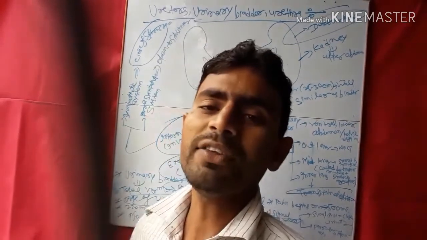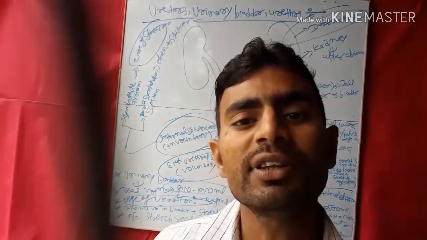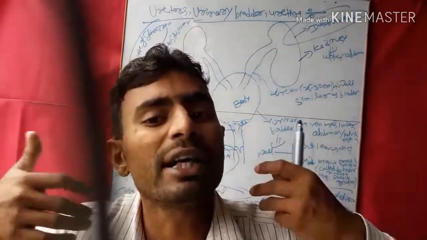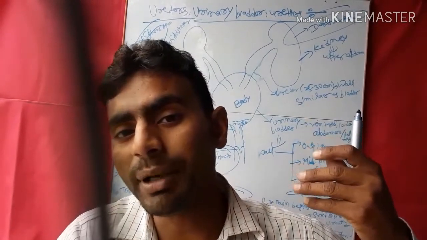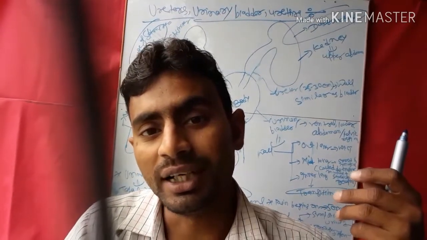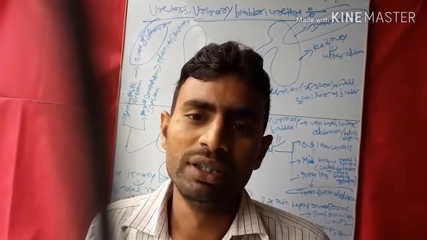This means the inner urethral sphincter is not in our control; it is controlled from our internal body. But the outer sphincter is under my control.